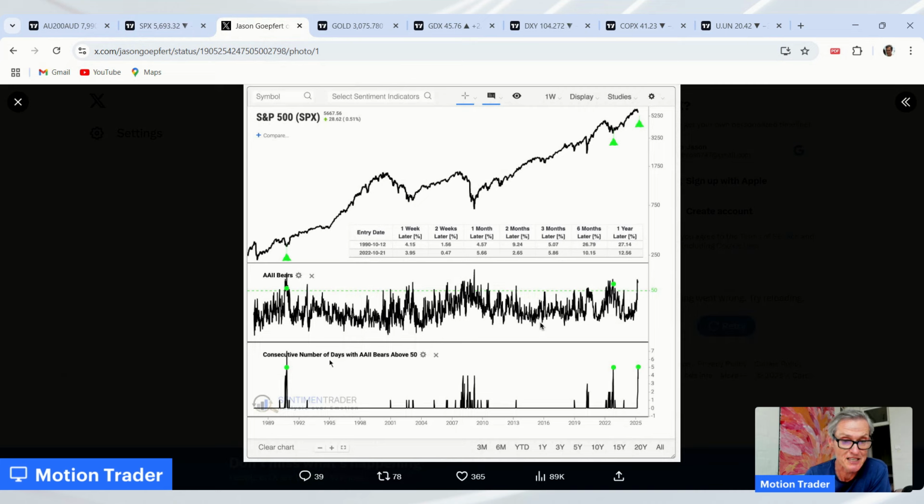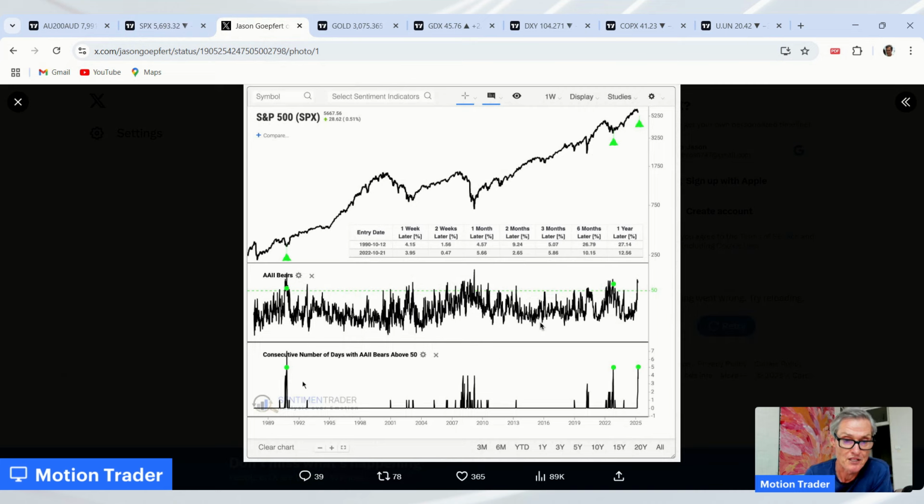It says days here, but I think they meant to say weeks. This dashed line is 50%, so when the indicator is above the dashed line, there are more than 50% bears in the survey. And when you run your eye along, a high number of bears typically coincides with key low points. So that's how sentiment often works.